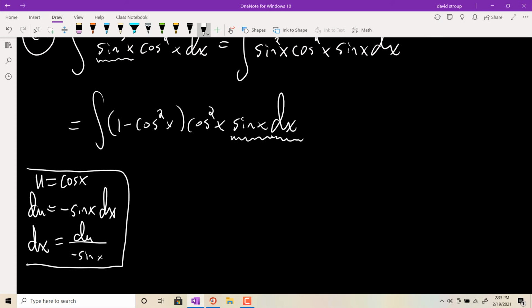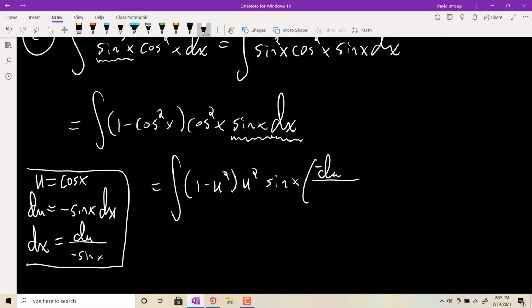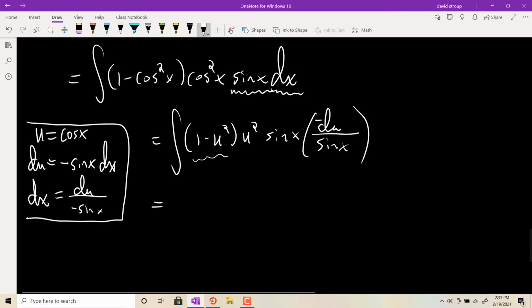Okay, so we can do our substitutions then. We'll have 1 minus u squared times sine x times negative du over sine x. And then you can multiply this by a negative u squared, and you're getting rid of the sine. You can factor the negative out too, but I'm just going to go negative u squared times that if I distributed, and then I'm going to change the order.